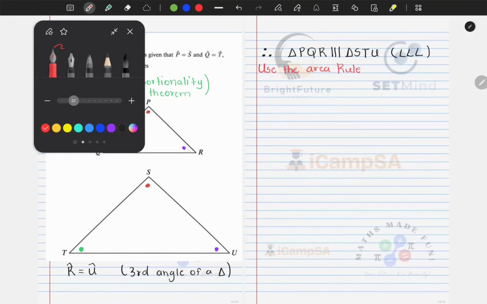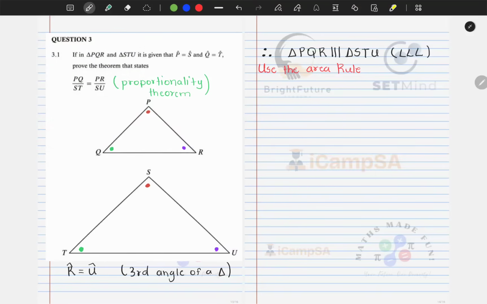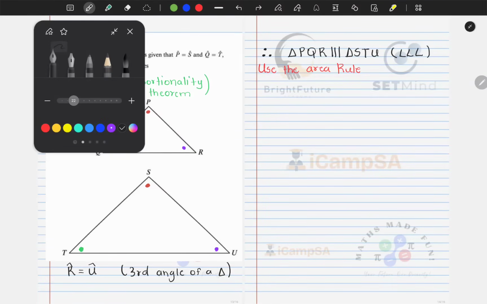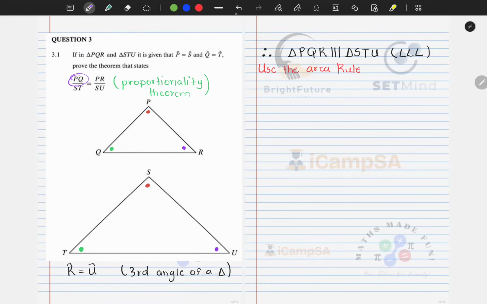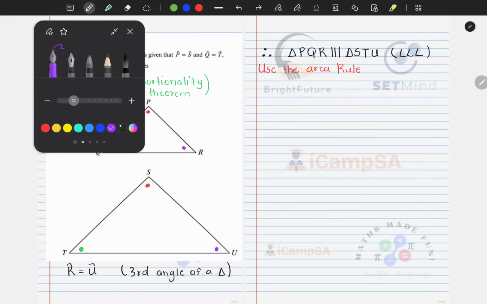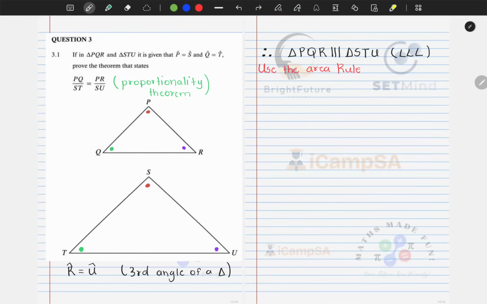So what I'm going to do is divide the areas of these two triangles. Let's look at the sides. We have PQ, and PQ comes from this triangle, so I'm going to put that triangle at the top. So I'm going to have the area of triangle PQR divided by the area of triangle STU.